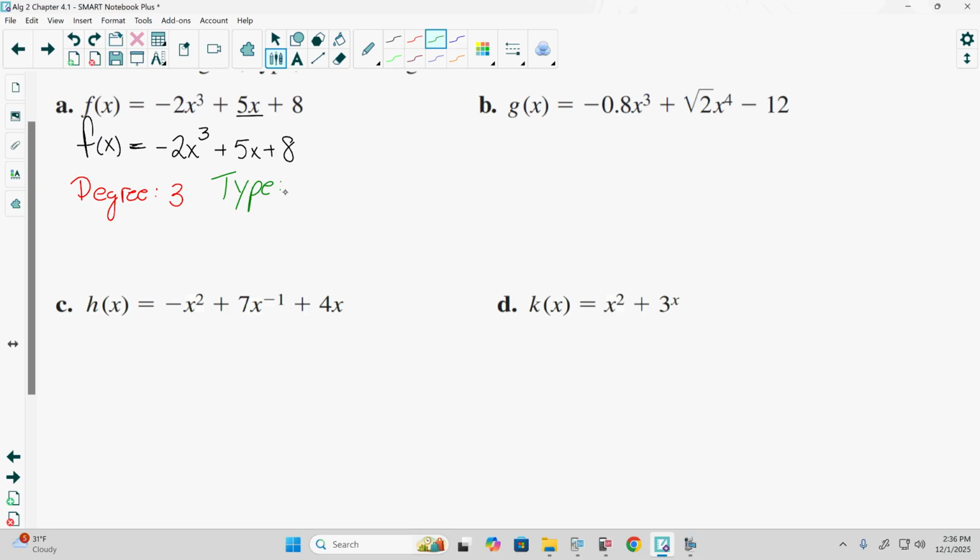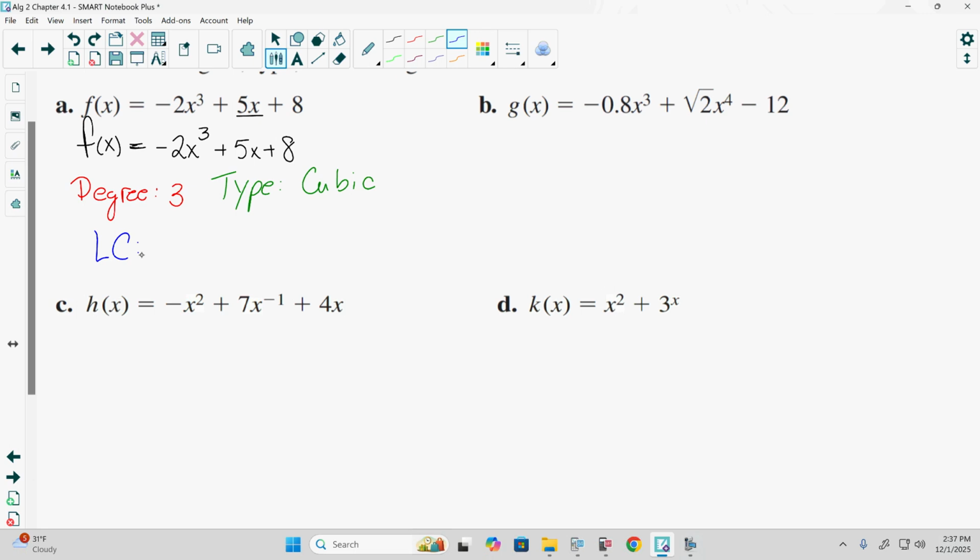Since the degree is 3, the type would be cubic. Because if it's a degree 3, it's a cubic. If it's a cubic, it's a degree 3. One implies the other. Questions on degree or type before we look at leading coefficient?